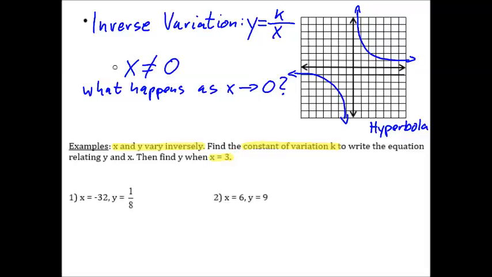So, starting with our inverse variation equation, we now know that 1/8 has to be equal to k divided by -32. So let's multiply both sides by -32.